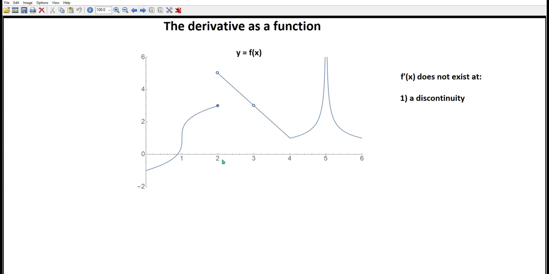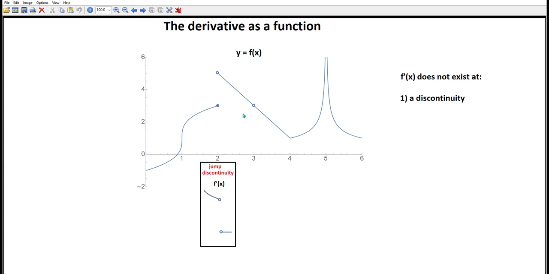So if we look at x equals 2, we see there's a jump discontinuity. If we think about what f prime looks like here, you can see that on this side at 2, the function's increasing, but the slopes are getting smaller and smaller, so we get a picture that looks sort of like that.